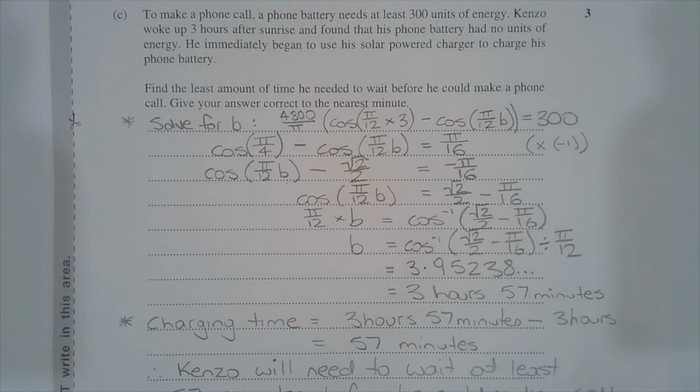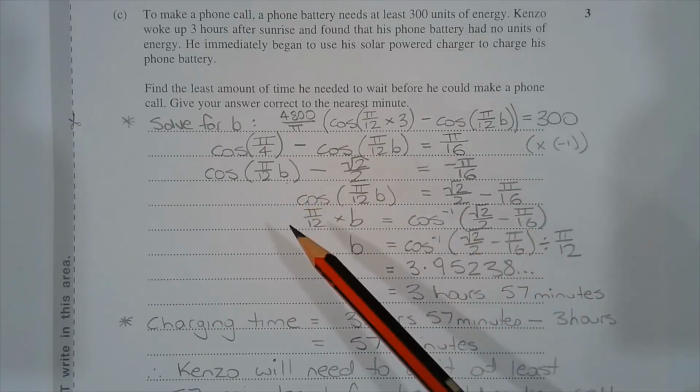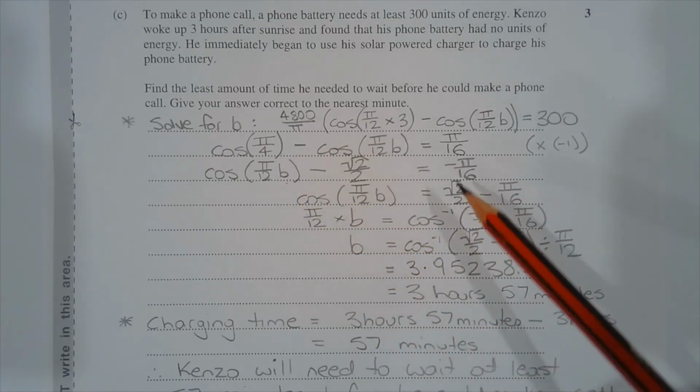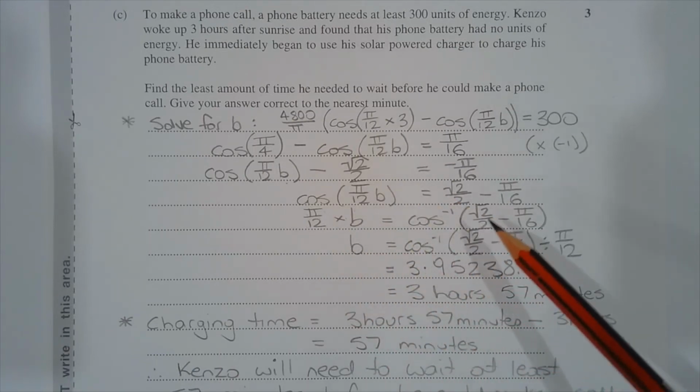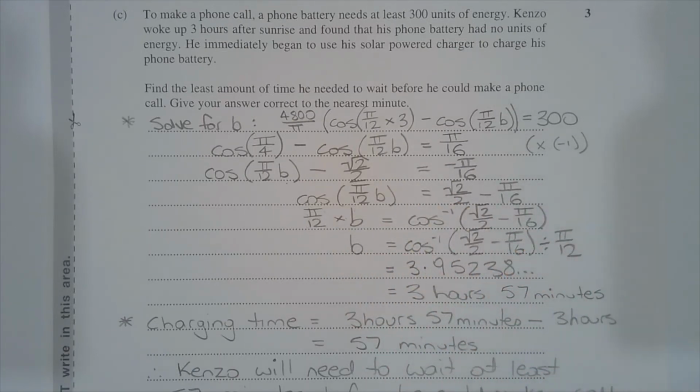Adding root 2 on 2 to both sides, we have cos(πB/12) is equal to root 2 on 2 minus π/16. Taking the inverse cos of both sides, we have π/12 multiplied by B is equal to inverse cos of root 2 on 2 minus π/16.